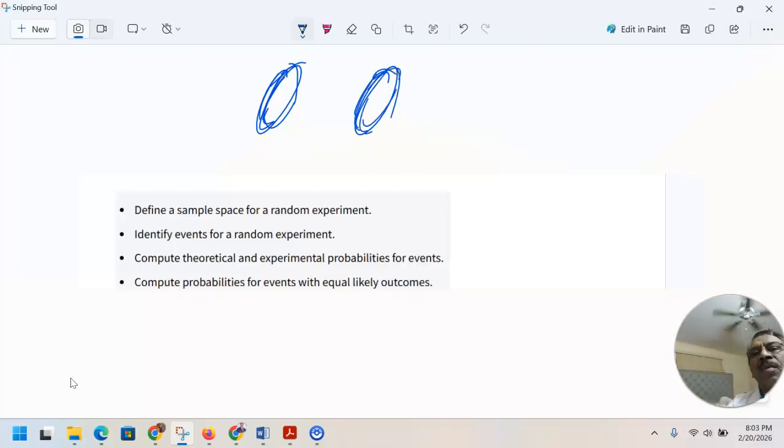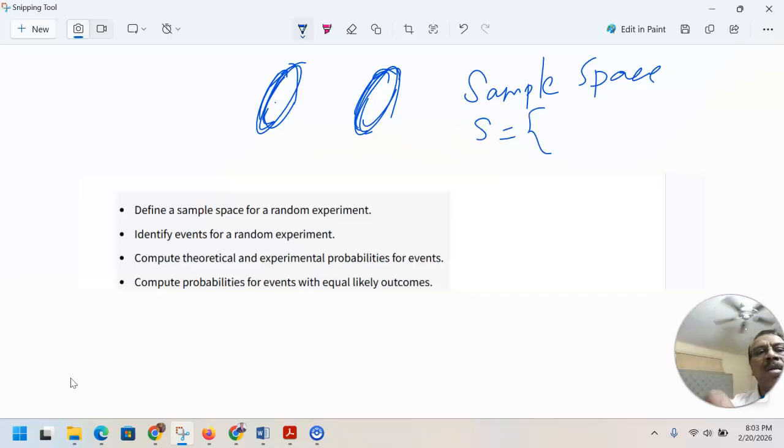We want to know the sample space, and I'm using braces to write that, S. Maybe the first one is a head and the second one is also a head. Or the first one is a head and the second one is a tail.